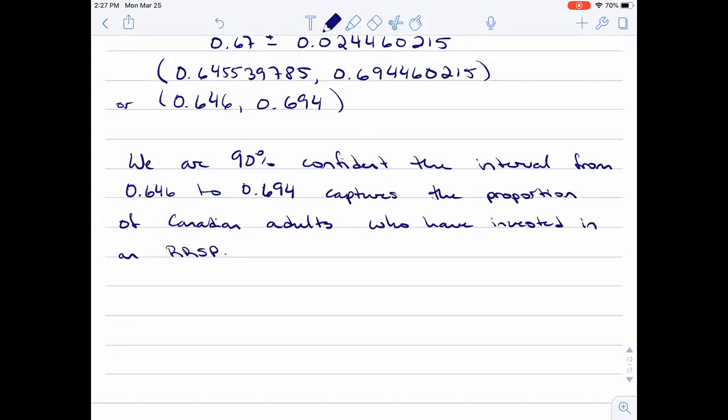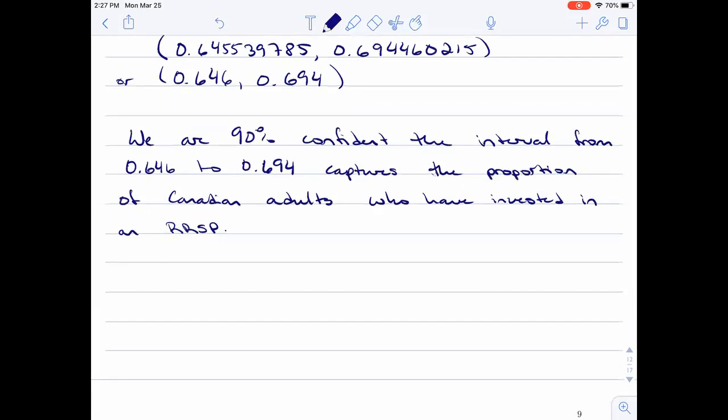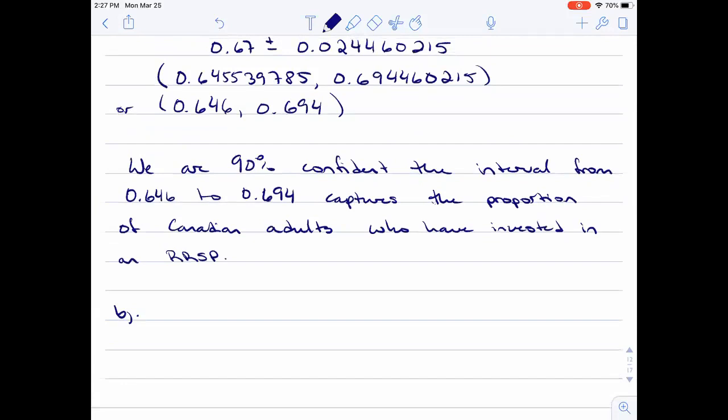So part B, or any questions about that first? Kind of same, but different, right? Confidence intervals, interpret them. So part B, does this provide evidence of a change from 1999 in our RSP investing among Canadians? Use your confidence interval to test the hypothesis. So kind of informally, because our interval is going from 64.6 to 69.4, all of that interval is above 57%.